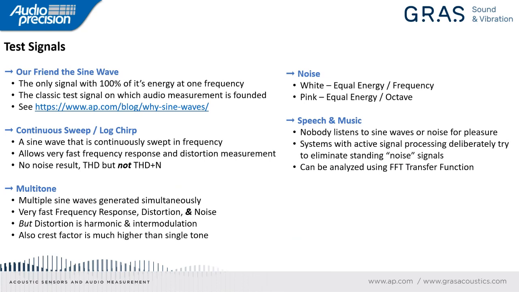Now, particularly in acoustics, noise itself is a very common test signal. And we don't just use any noise. I'd say the two most common are white noise, where we're looking at a signal which has a statistical distribution that gives us an equal amount of energy per frequency, or pink noise, which is an equal amount of energy per octave, which results in there being less energy as frequency goes up.